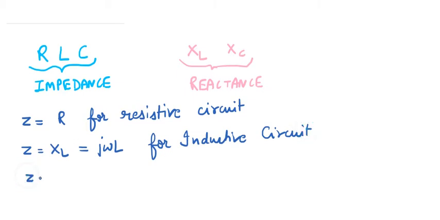And Z is equal to XC equal to 1 upon j omega C for a capacitive circuit.